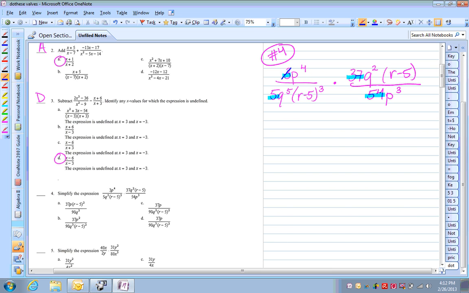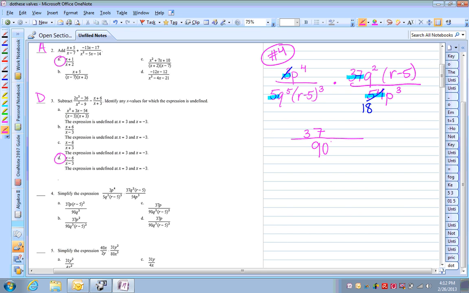And I can recognize that 3 goes into 54 18 times. So I can reduce that down to 1 and 18. Now I'm going to go ahead and multiply my numbers. So let's multiply those blue numbers. And I'm left with 37 on the top. And on the bottom, I'm left with 5 times 18, which is 90.